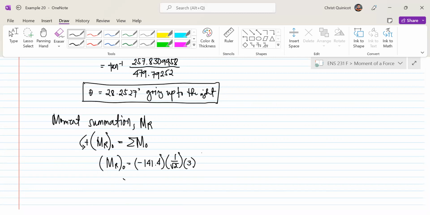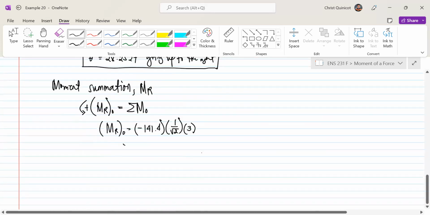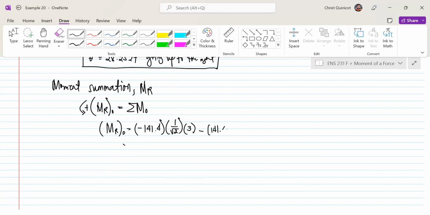Next, we have F sub 1 y. I will just write it here. Minus 141.4. Again, in your solution, you don't have to write it here because the y component will be 0.